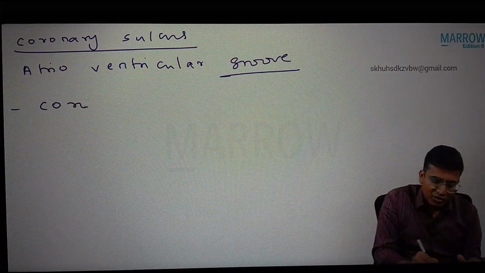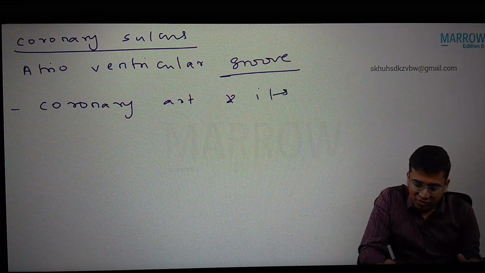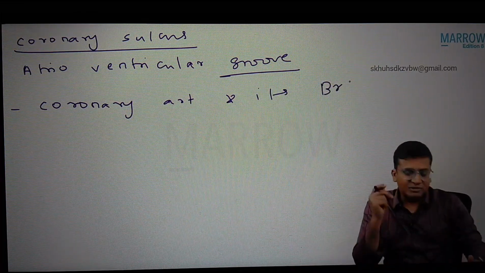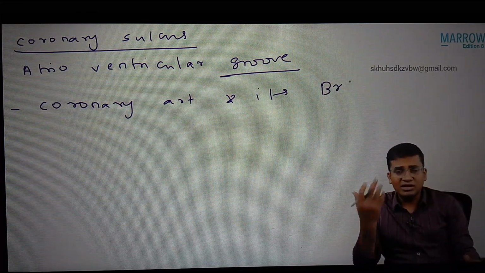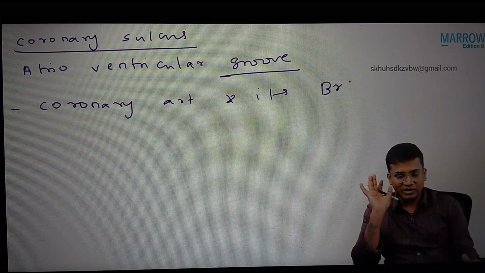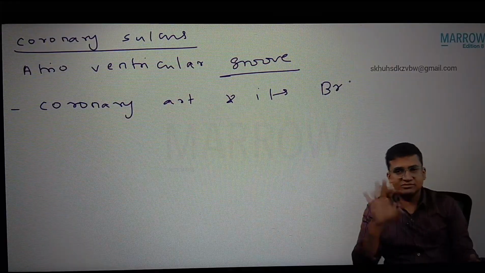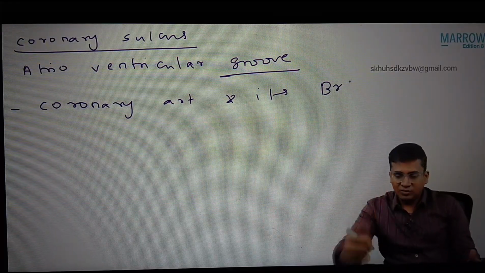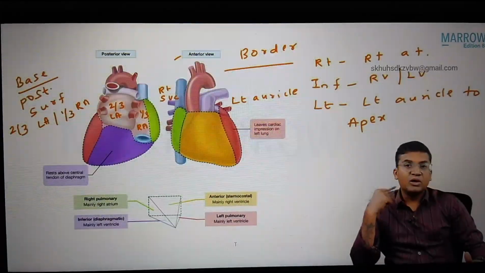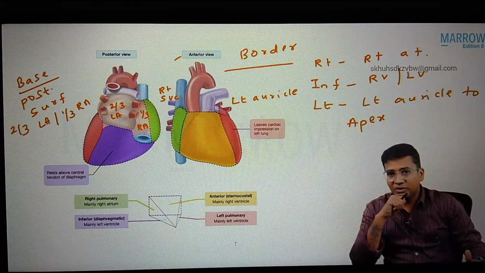The coronary artery and its branches. The coronary artery got its name because it passes in the coronary sulcus. Fine, that's all. Now, one more point. Now we have two pulmonary surfaces, the right pulmonary surface and the left pulmonary surface.